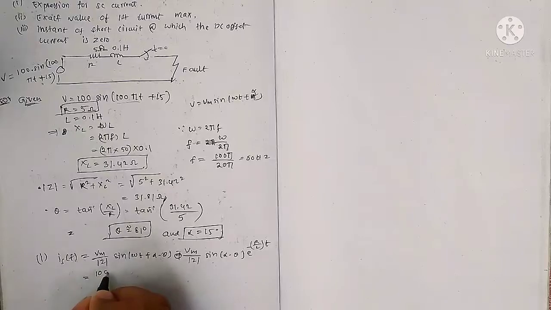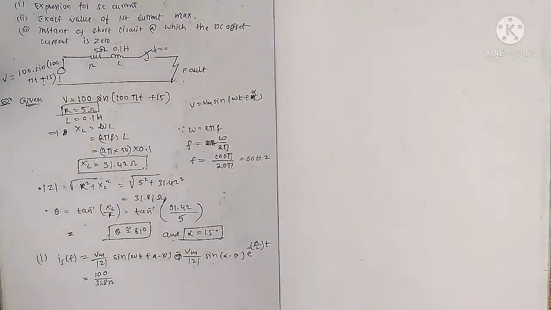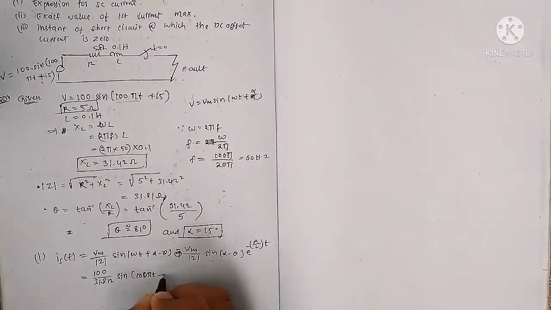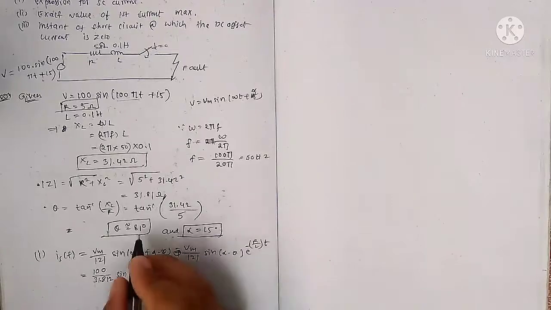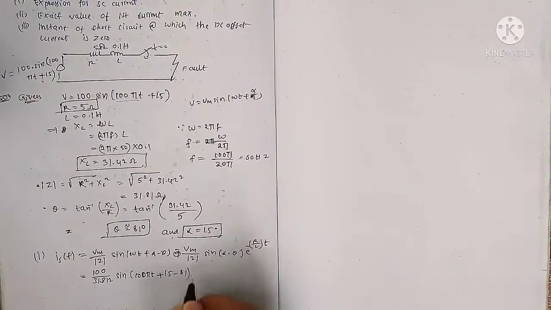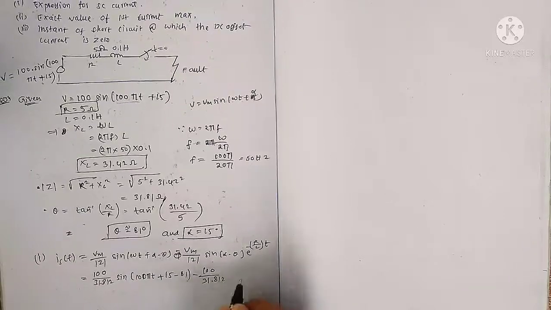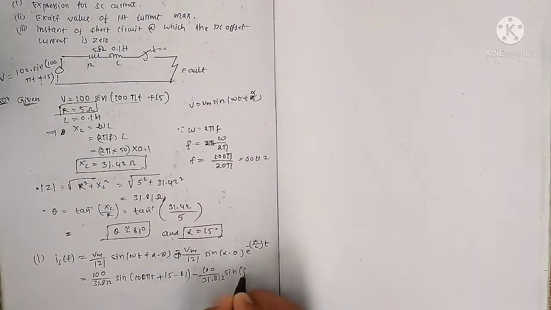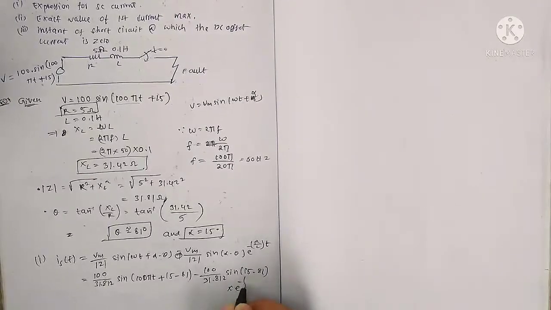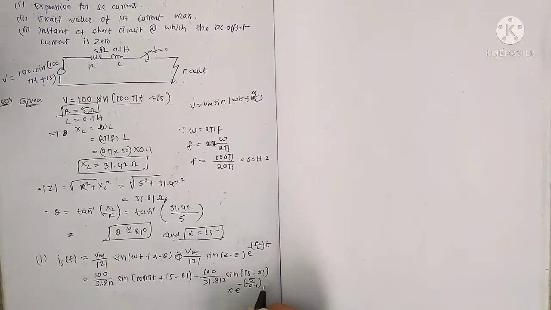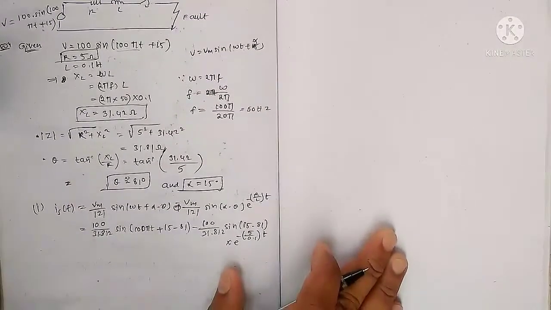Substitute all the values: alpha is 15 and theta is 81 degrees, minus 100 divided by 31.81 sine(15 minus 81), multiplied by e raised to minus 5 by 0.1 into t. Time is not given, so just keep it as small t.